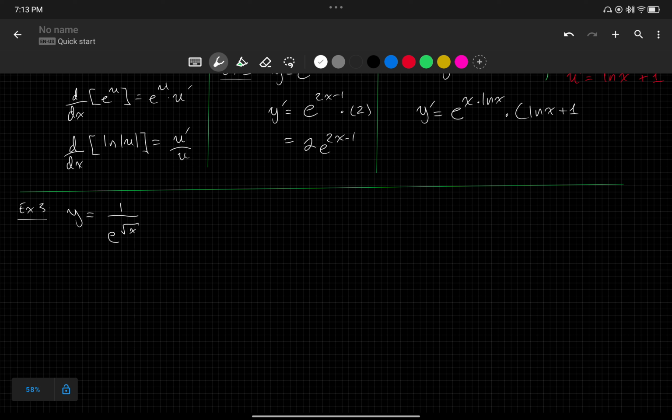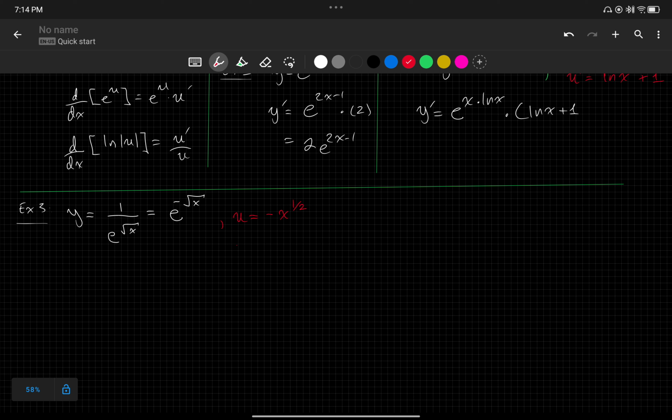Okay, so right off the bat, the problem is that e is in the denominator, but we can easily fix that. Bring it upstairs, opposite on the exponent, which means just put a negative in the front. And that tells me that this is what u has to be. So this is telling me that u is going to be negative x to the 1/2 power.